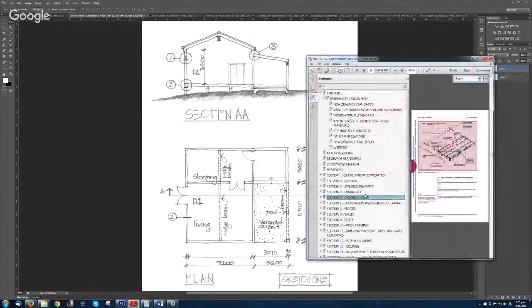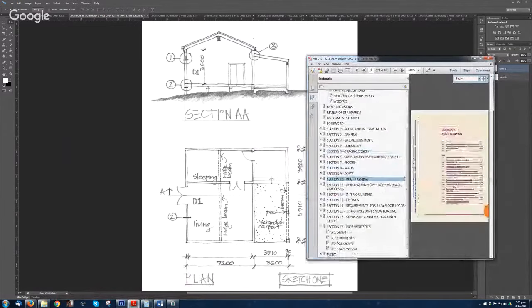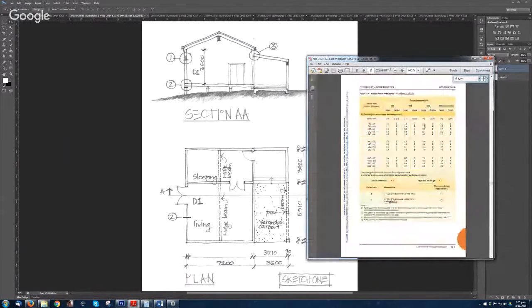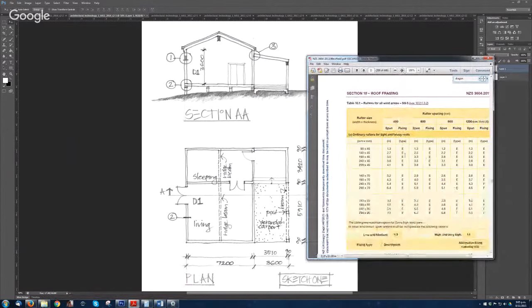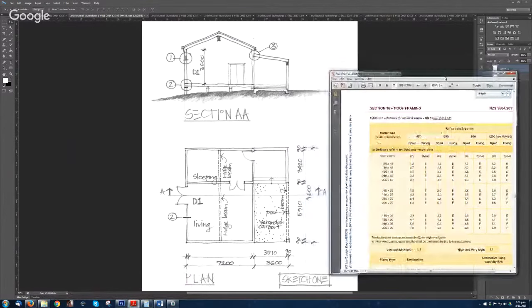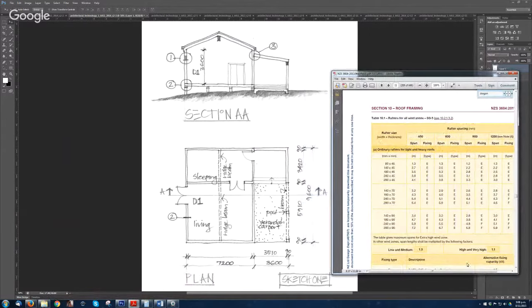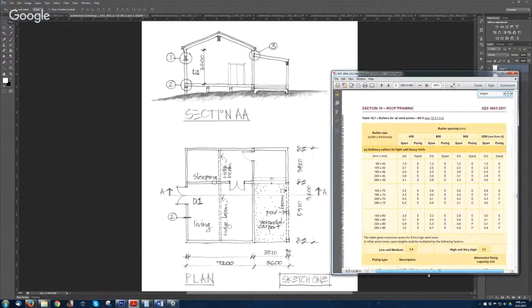And then you go to your roof framing table, and the span here needs to be 3.6 and needs to be 900 centers.